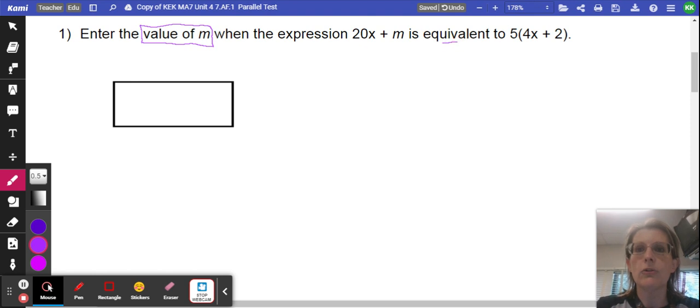So equivalent, as we know, means equal. And I'm going to go ahead and write that. So we want to know what m is going to be if we need it to be equal to 5 parentheses 4x plus 2.